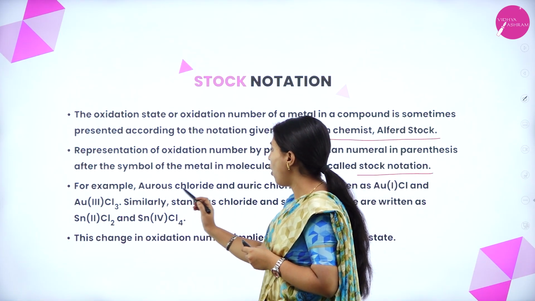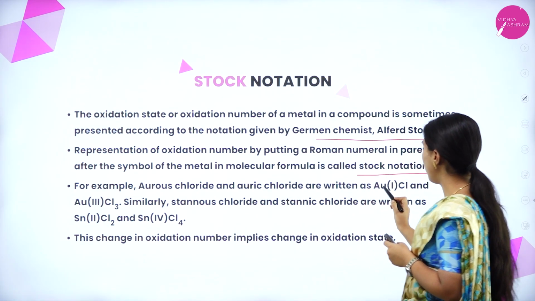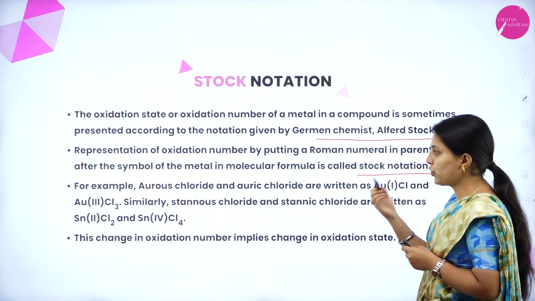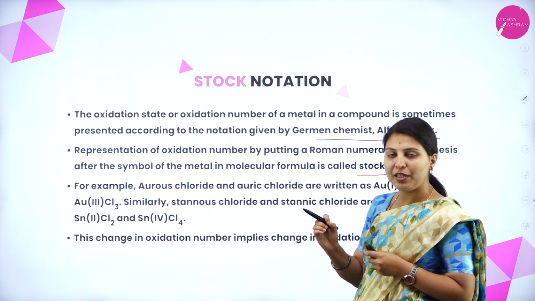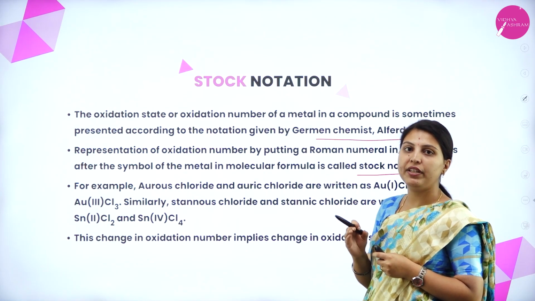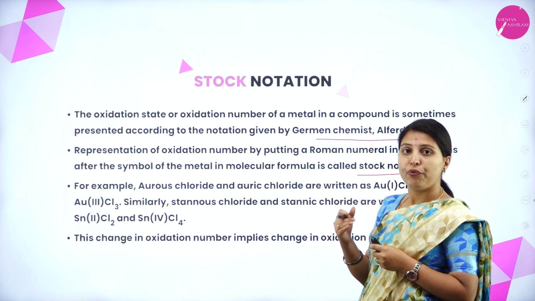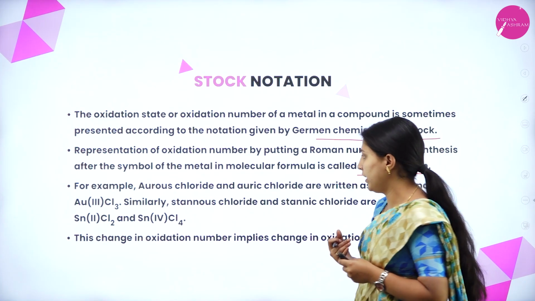For example, aurous chloride and auric chloride are written as, see here, aurous I, auric III. Usually, the ending OUS has the lower oxidation number and IC has the higher oxidation number. Ferrous plus 2, ferric plus 3, like that.